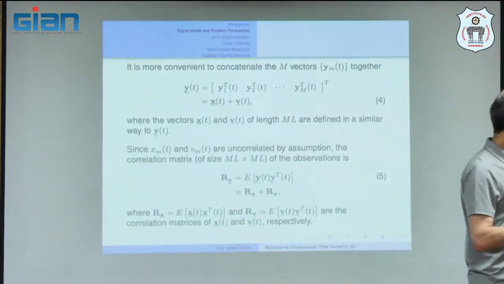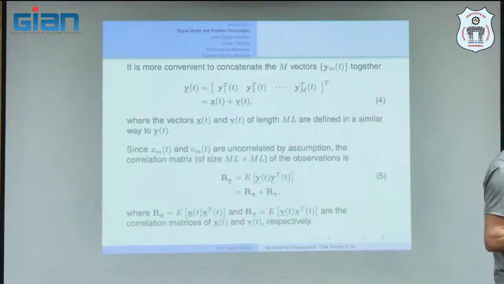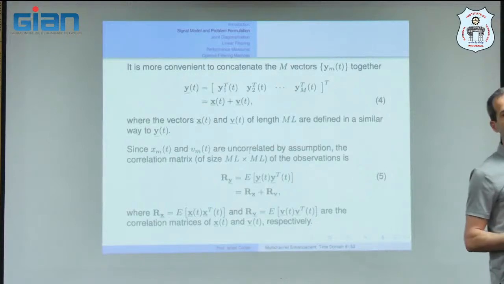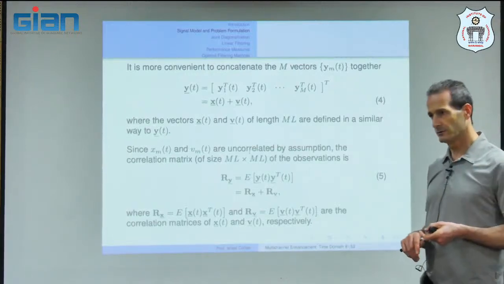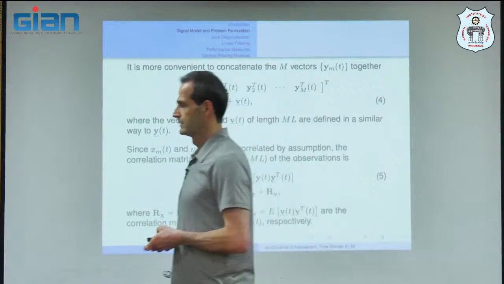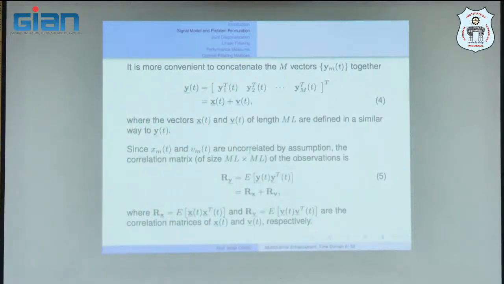Now we need to know also the correlations between samples in different sensors. Okay? So it's more information, and if we use more reliable information, we will get better performance.